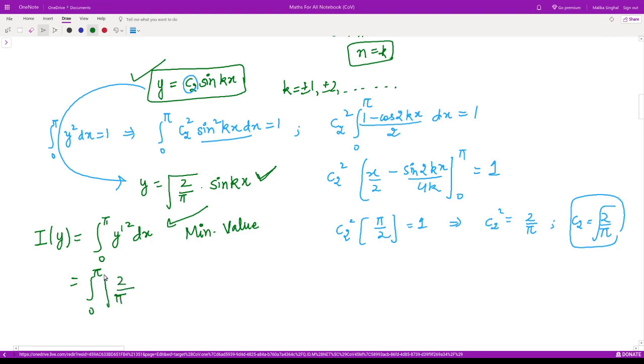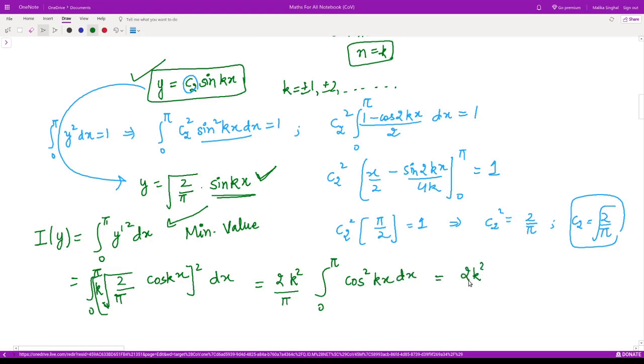This term being constant will come as it is, and the derivative of sine kx would be cos kx multiplied by k, right? So I have the square of this whole thing into dx. So let me solve this. What would I obtain? K square multiplied by 2 divided by pi, being constants, come out of the integral sign. So integration from 0 to pi, then I am left with cos square kx dx, right?